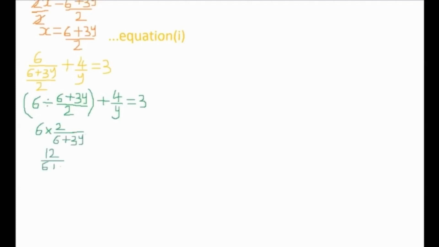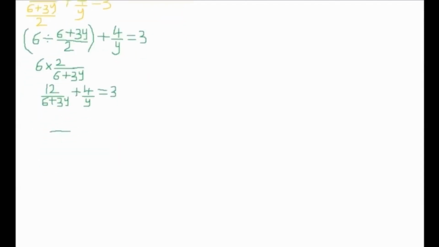So 2 can multiply with 6 and it will be 12. So it will be 12 over 6 plus 3y, then plus 4 over y is equal to 3. Now this one can be expressed as a single fraction. Let's now express it as a single fraction.